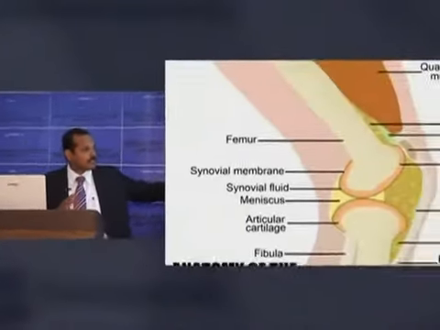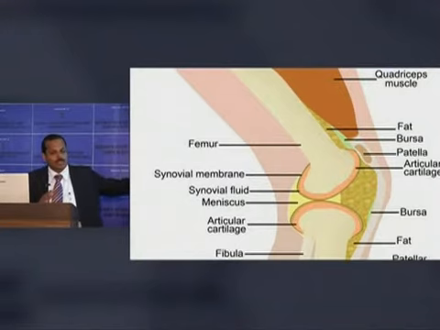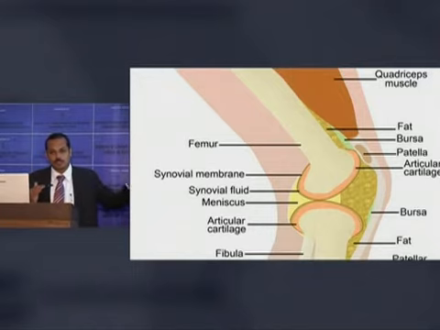Now, like any other joint, it has a proximal articulation and a distal articulation. The knee joint has two different types of joints inside a single joint capsule.